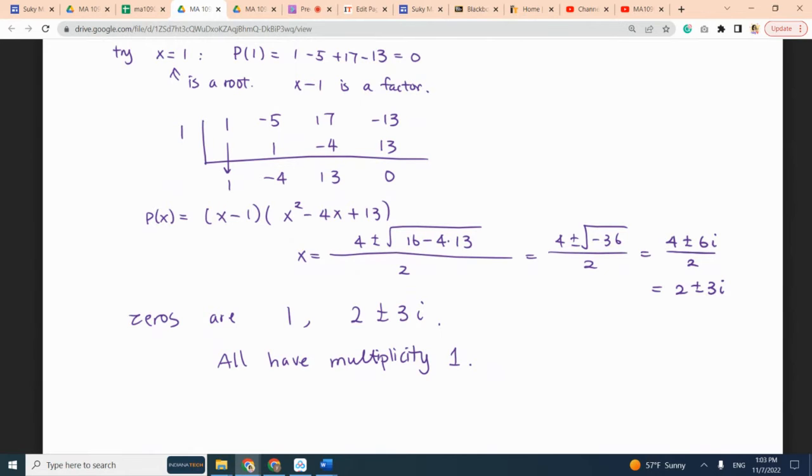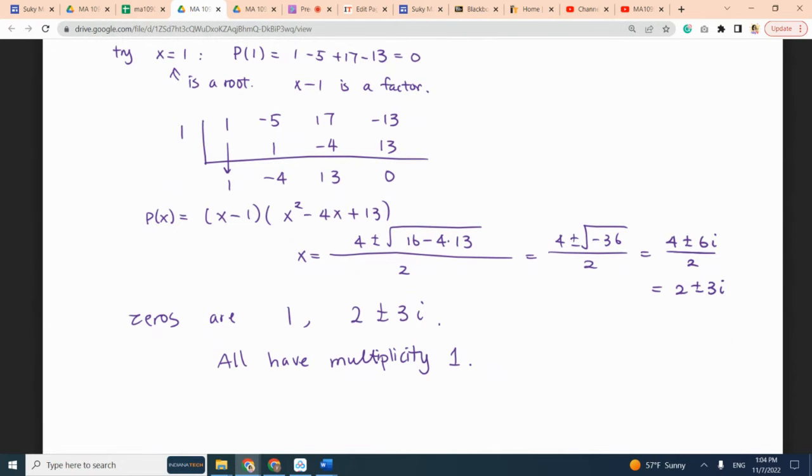Okay? And 4 times 13 is 52. 16 minus 52 is negative 36. Square root of 36 is 6. Square root of minus 1 is i. Therefore, split them. So 4 over 2 is 2. 6 over 2 is 3. So 2 plus or minus 3i.